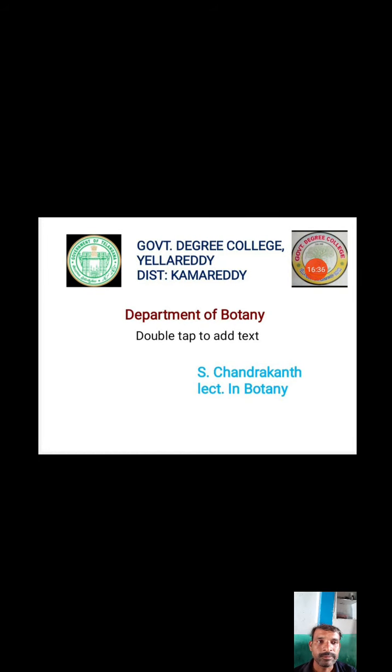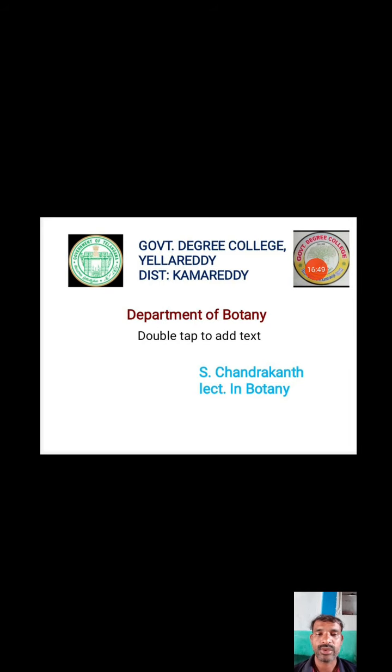These cells undergo one mitotic division producing four cells, and these four cells undergo one more mitotic division, producing eight cells.